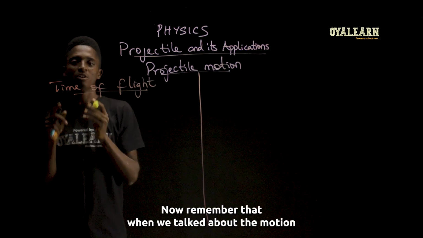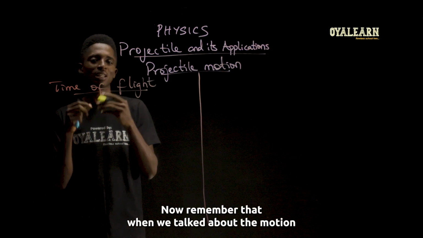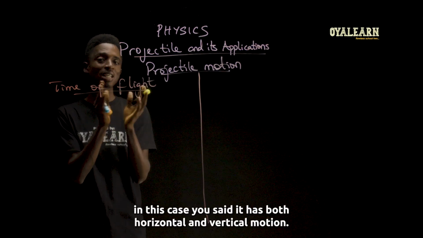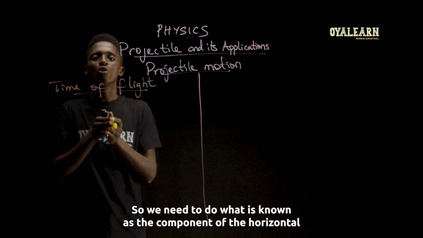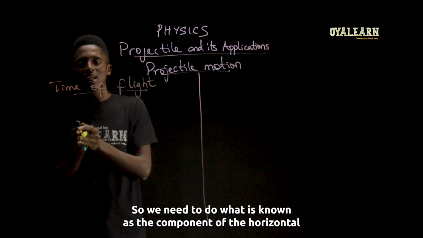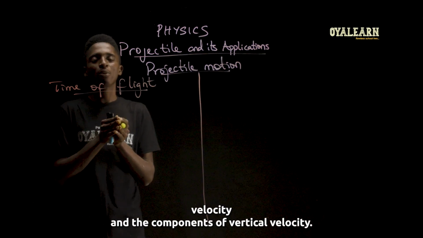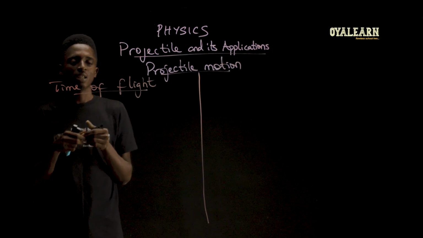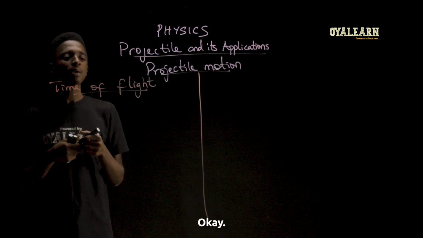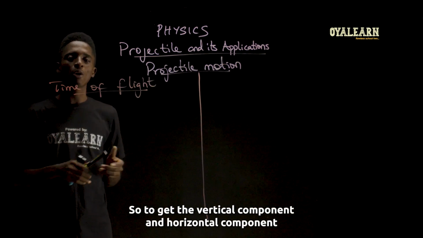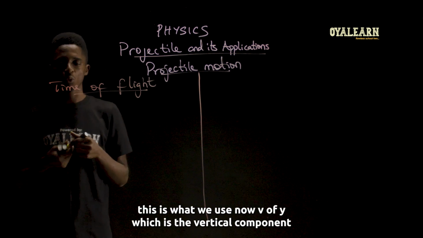Now remember that when we talked about the motion, we said it has both horizontal and vertical motion. So we need to find the component of the horizontal velocity and the component of the vertical velocity. Now the velocity itself can be denoted v or u. So to get the vertical component and the horizontal component, this is what we use.